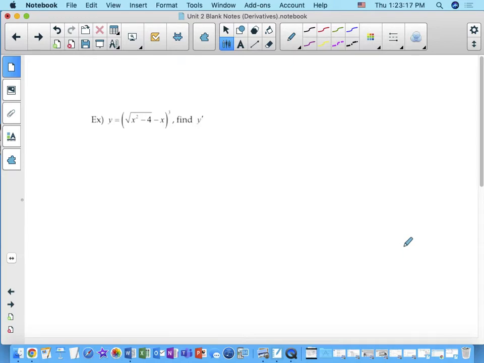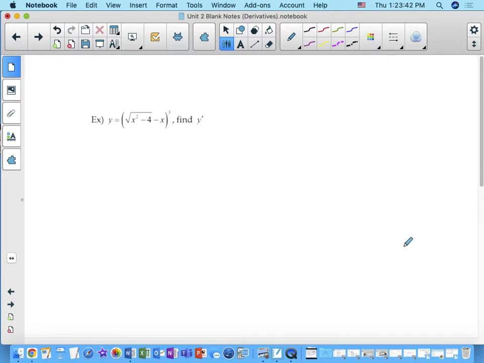And this guy, we need to apply the chain rule not once, but twice. Can you guys see why? Can anyone see why? Yeah, because I've got something cubed. So our outer function is the something cubed.